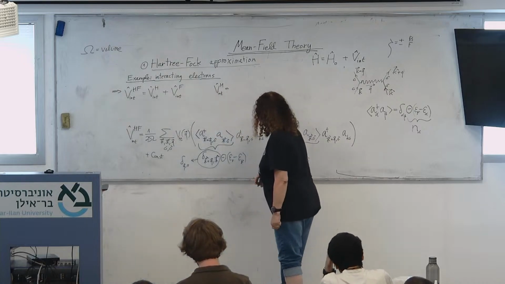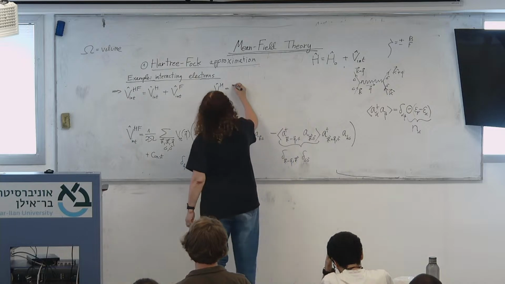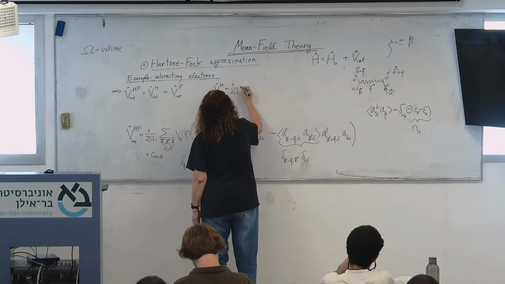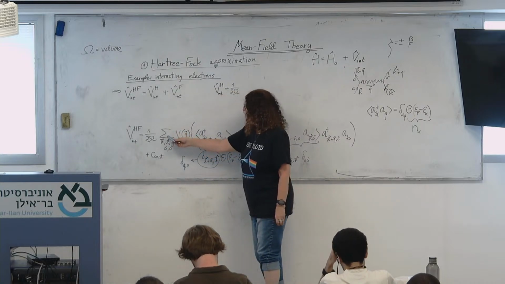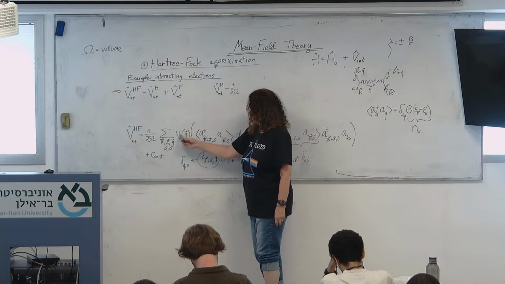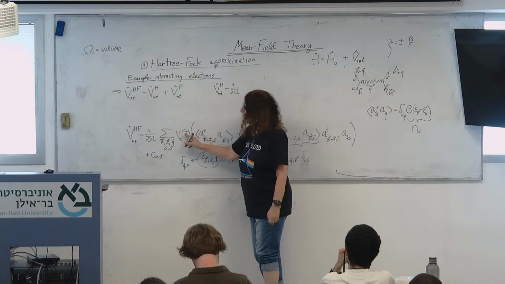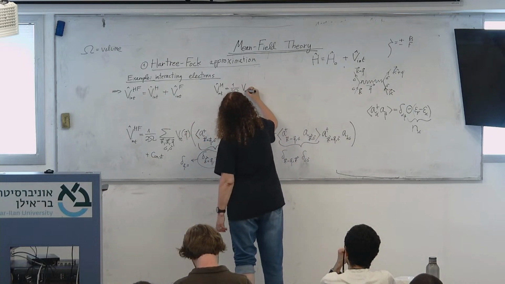Okay, so what is it? I have a delta of q equals 0. So it gives me 1 over 2 omega, and now I have a sum over k prime. And here I have to replace this by v of 0. But because it's a constant, it's only one term, let me just put it here.